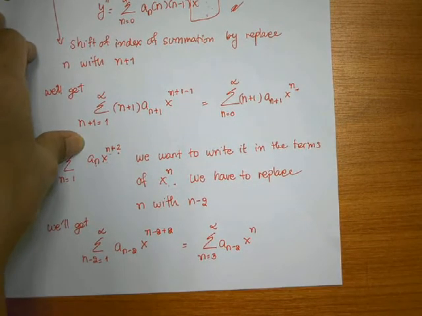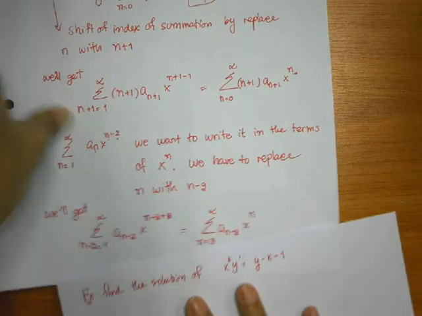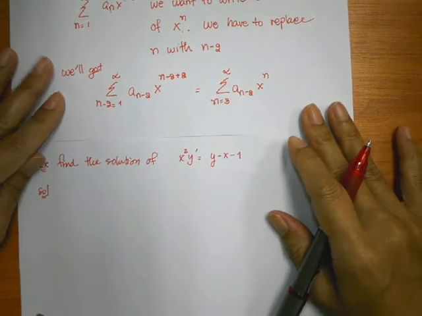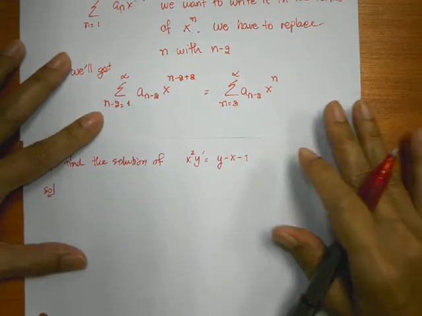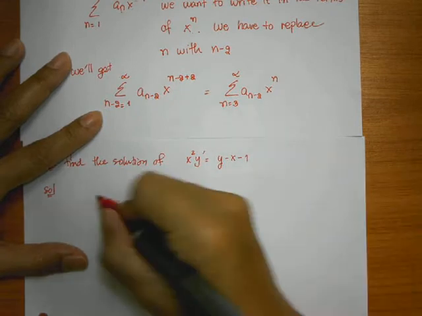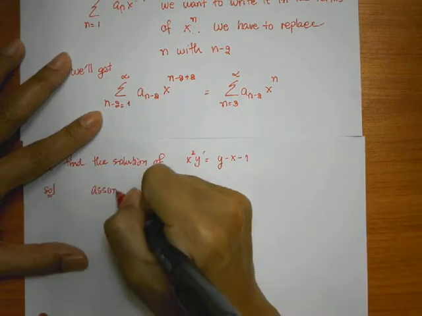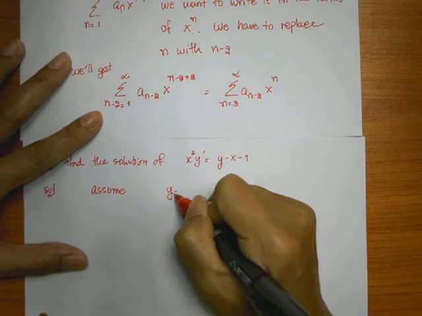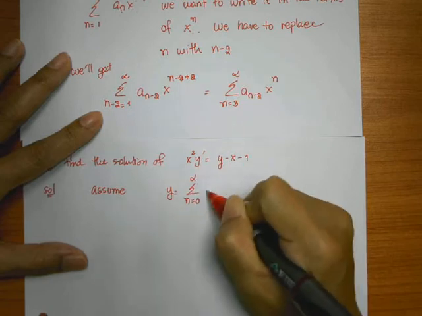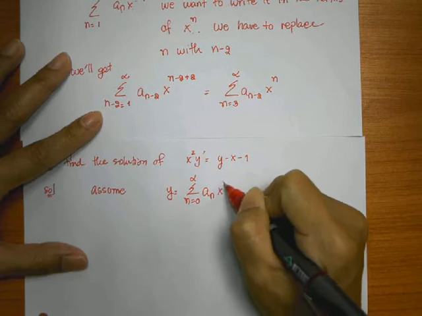Now, we are going to find the solution of this differential equation by using the power series method. Okay. To do that, we assume y is equal to the summation from n equal to 0 to infinity of a n x to the power n.